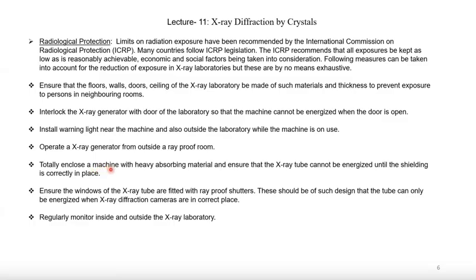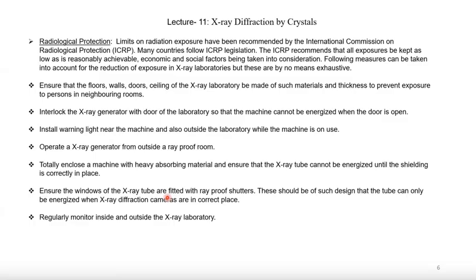Totally enclose the machine with heavy absorbing material so that the X-ray tube cannot be energized until the shielding is correctly placed. So I have a shield for our machine, and unless and until I place the shield correctly, the machine will not be energized. Ensure the windows of X-ray tubes are fitted with ray-proof shutters.